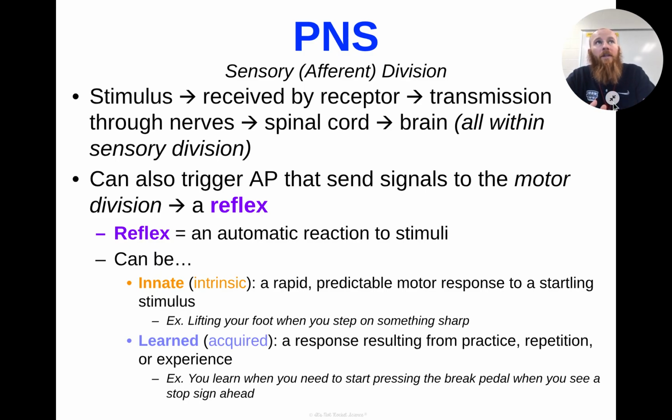It's more like something that's learned based off of your environmental needs. They're not typically shared innately amongst all humans. Okay? So you have those innate or intrinsic, like ow, remove, and then you have those learned or acquired, like I need to start pushing the brake pedal when I see a red stop sign.